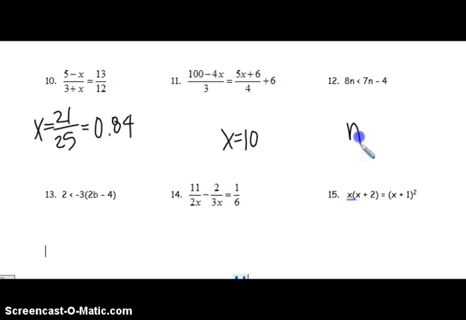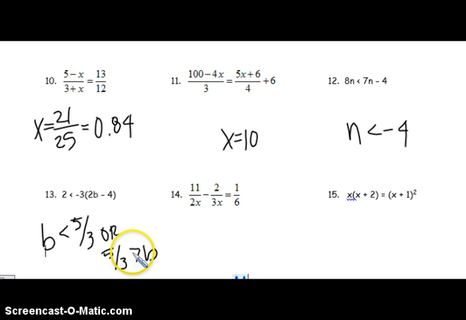Number 12, n is less than -4. On number 13, b is less than 5/3. If you wrote it as 5/3 is greater than b, that's the same thing. On 14, I get x equals 29. And on 15, I got no solution again.